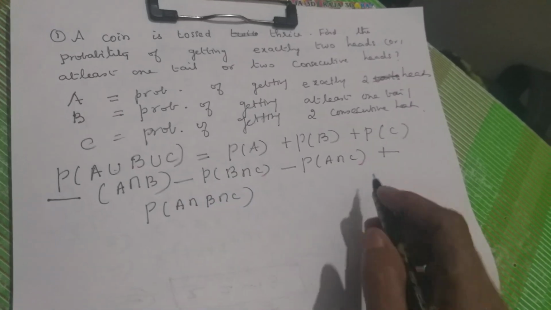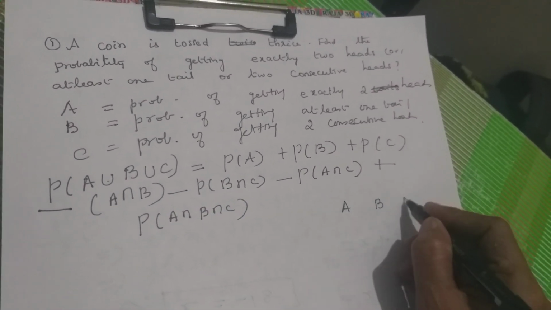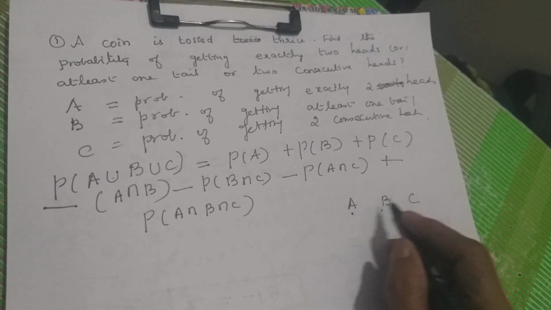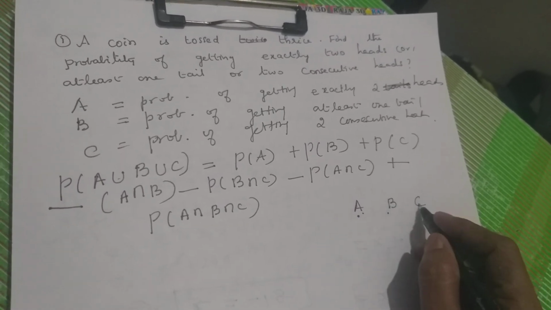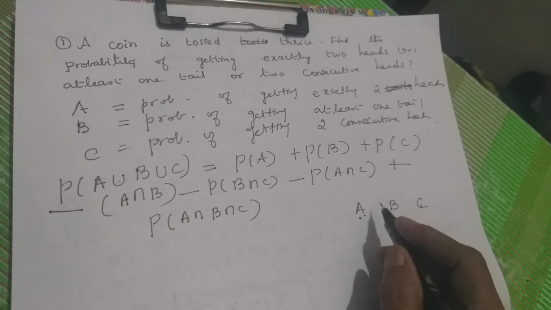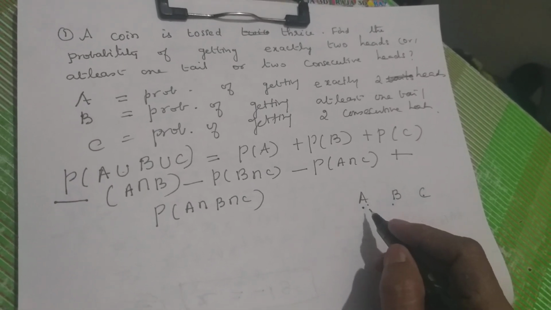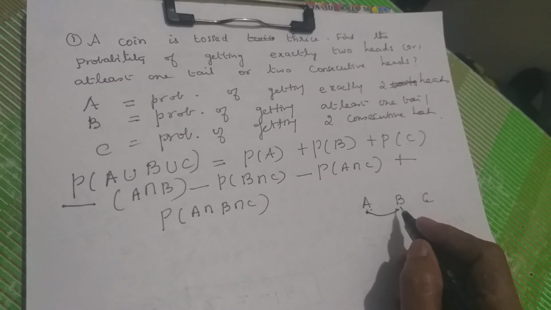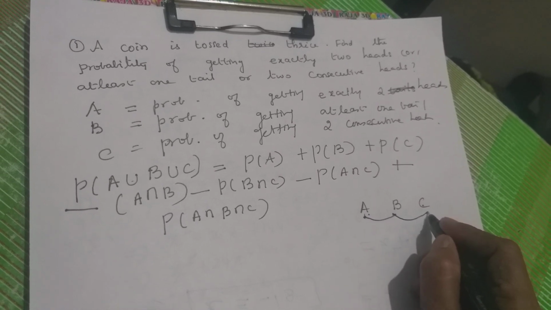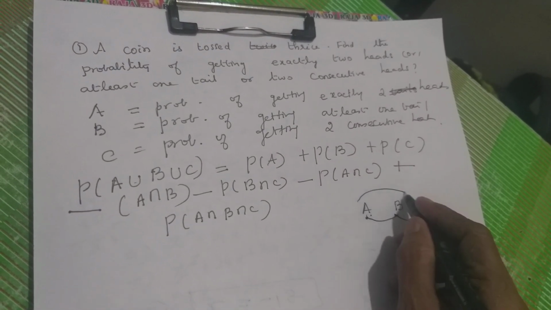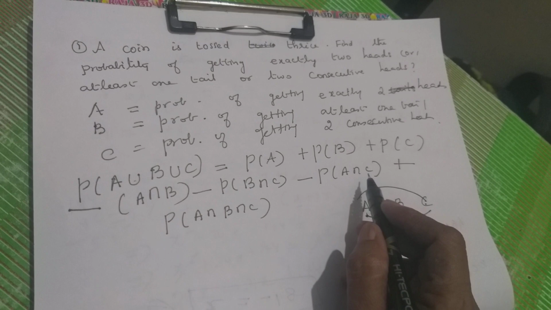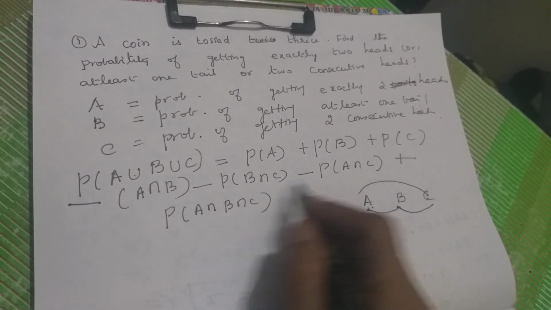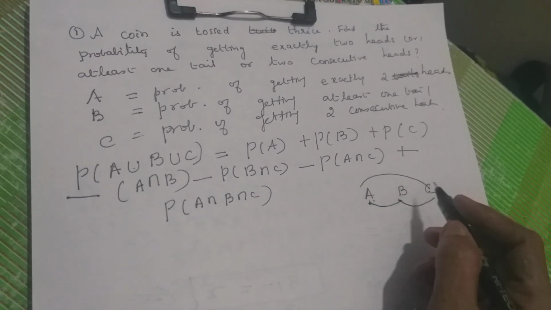Just remember: first we are taking A separately, P of A plus P of B plus P of C. Then minus, when it is intersection, remember we are taking minus: A intersection B, the first two, then the next two, B intersection C, then the third, A intersection C. Then again we come to intersection, but of all three, so plus the last term, P of A intersection B intersection C.